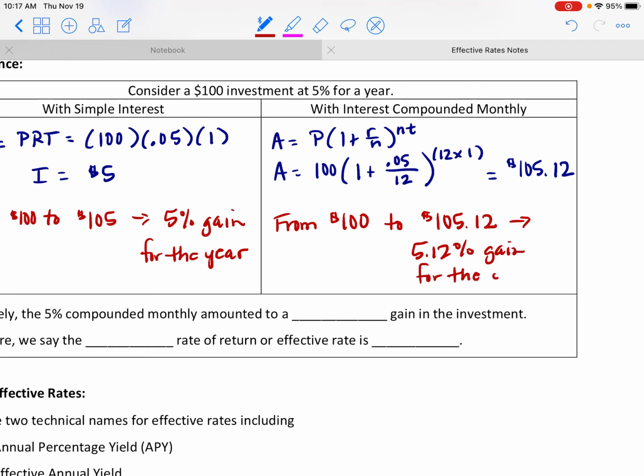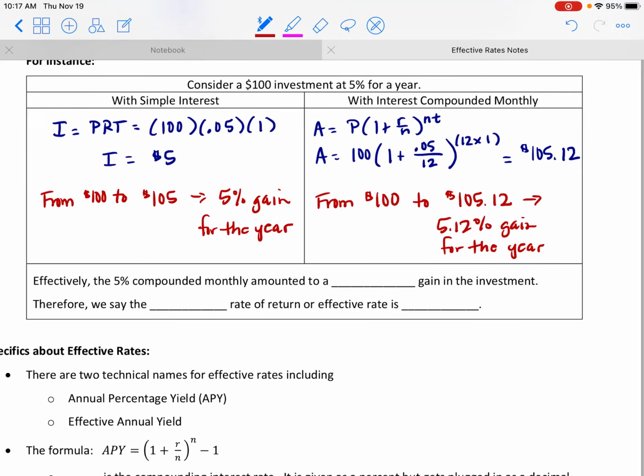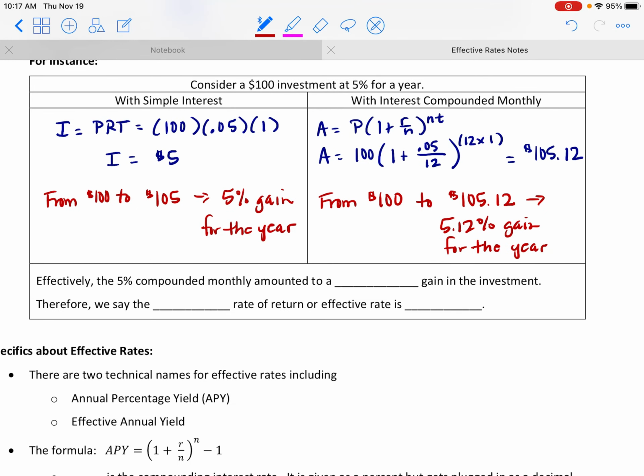So even though it is a 5% interest rate, because the interest is compounded monthly, at the end of a year, you've actually gained 5.12%. That 5.12%, that real actual gain, is the effective rate. Okay, so effectively, the 5% compounded monthly amounted to a 5.12% gain.